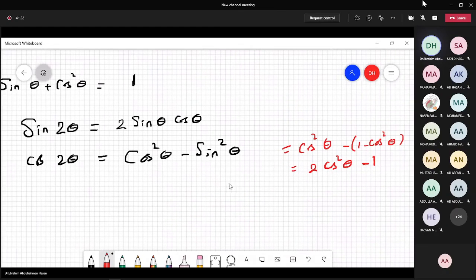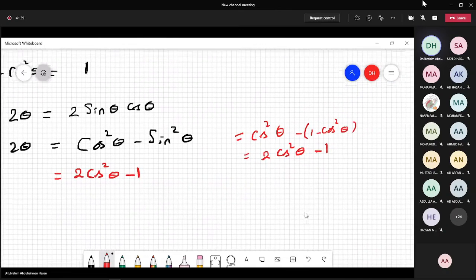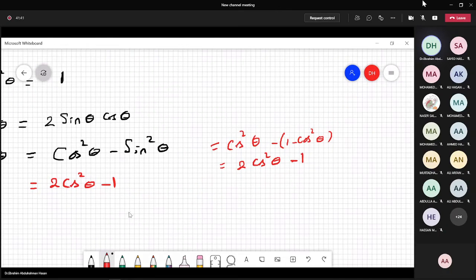Okay, similarly, you can write it معناته ان cosine 2 theta is also equal to 2 cosine square theta minus 1. Also, you can write it in terms of sine.